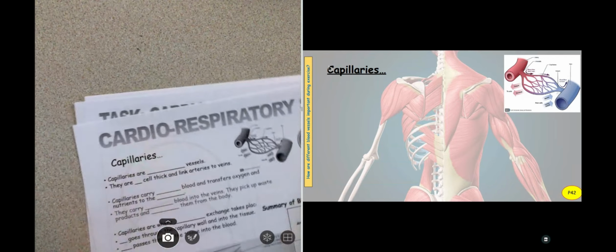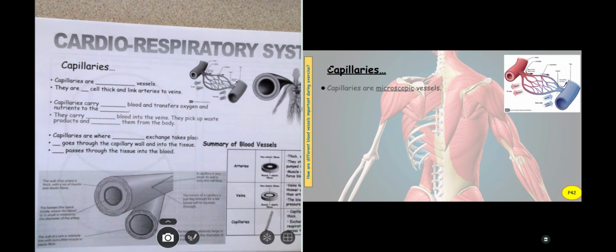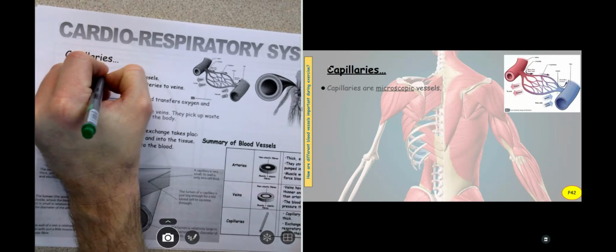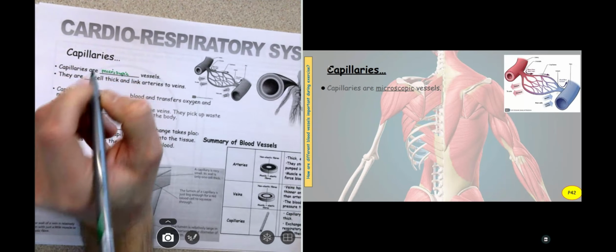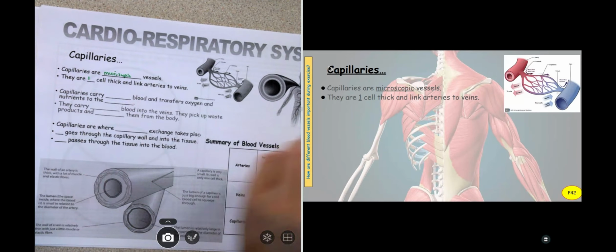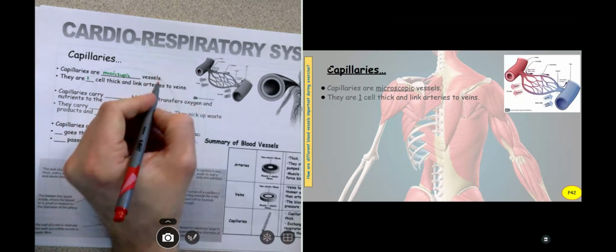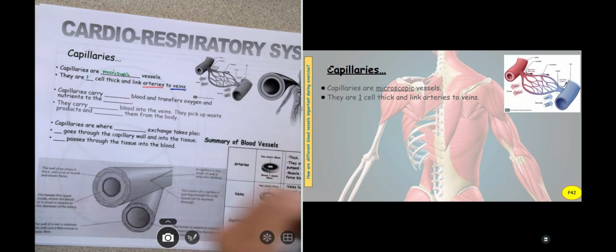So moving on then, capillaries, your last one, so turning the page. Capillaries are microscopic vessels. So they're very, very small. They're only 1 cell thick, and they link arteries to veins. So these are kind of the middleman in between. The arteries are taking the blood away.